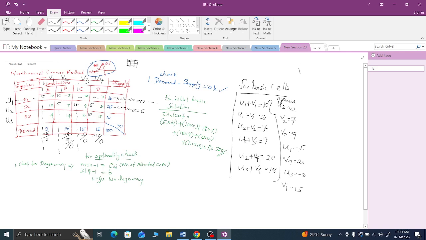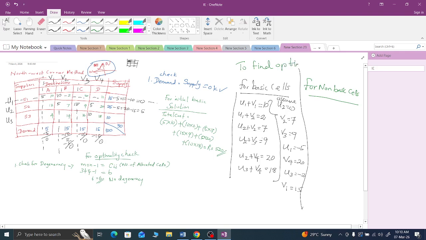Now next, we do the non-basic cells, to check the optimality, to find the optimum value.